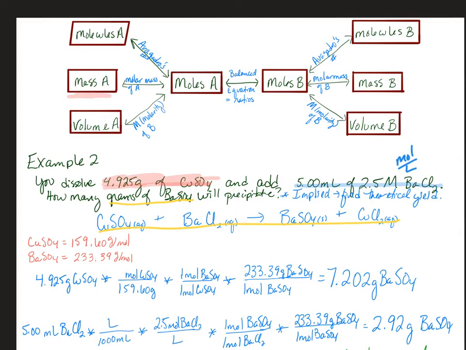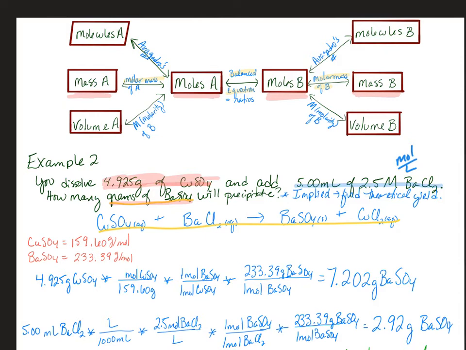I need to go from the mass of A into the moles of A, and I'm trying to get to grams of BaSO4, so I need to get over here, which means that I have to go from moles of A to moles of B. So in all these scenarios, I need stuff. So let's go back and look. I need molar mass of A in the first one. I need the balanced equations to give me the ratios in the second one. And I need the molar mass of B there too.